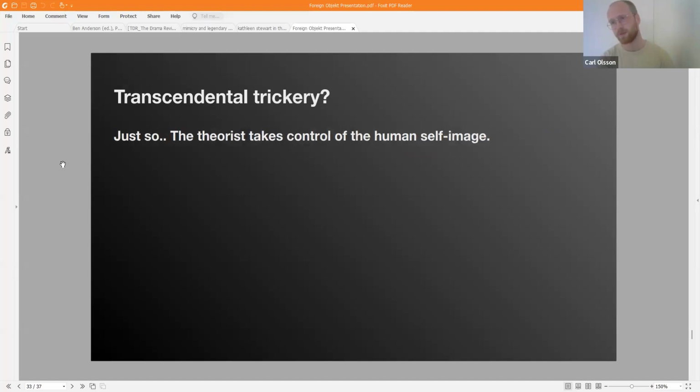Is it not just so, perhaps, that the theorist, through conceptual commitments, also takes control of the human self-image? If we accept that we are to some extent who we are because of who we make ourselves through our way of talking about ourselves, does not the theorist sacrifice her understanding of herself, or the human self-image, what she is, or he is, in Hijikata's case?